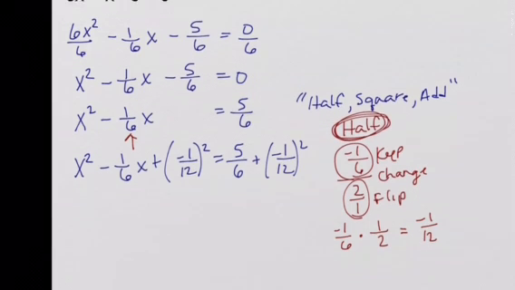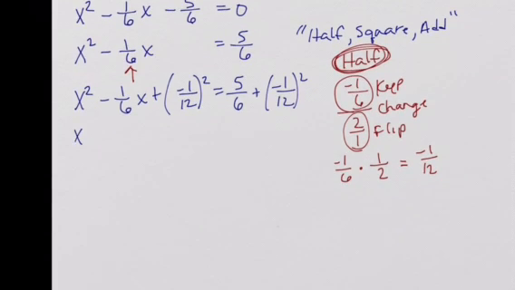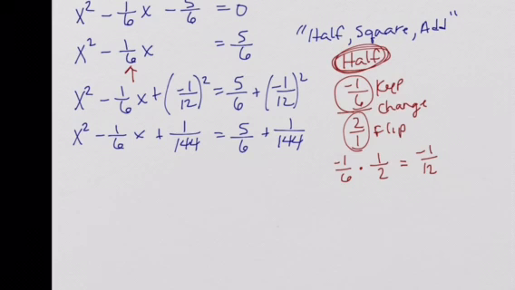This becomes x squared minus 1/6 x plus 1 over 144, and we're asked to find what multiplies to give us 1 over 144 but adds to give us negative 1/6. What we found was that the number before we squared it is the number that shows up in our factored answer.